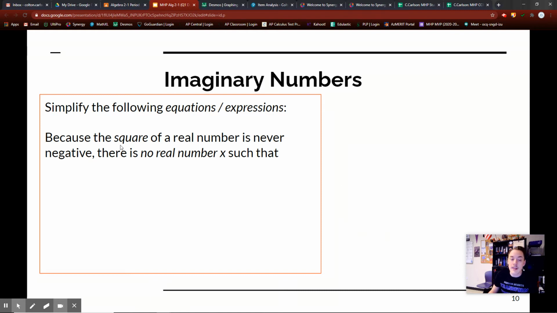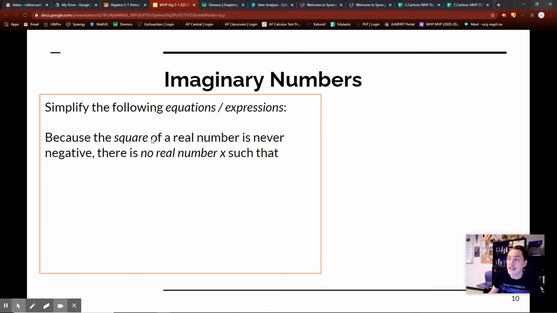In a little bit, but now listen very carefully to what I'm about to say. Because the square of a real number is never negative, meaning when I have two numbers multiplied together, I can never get a negative number. Why?